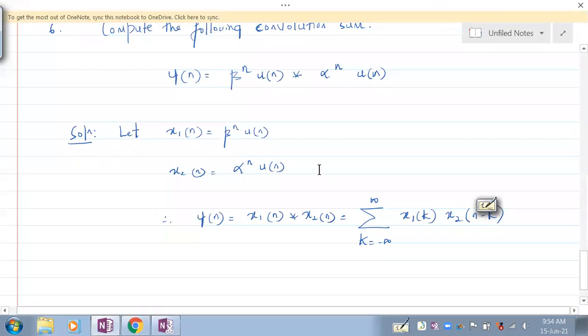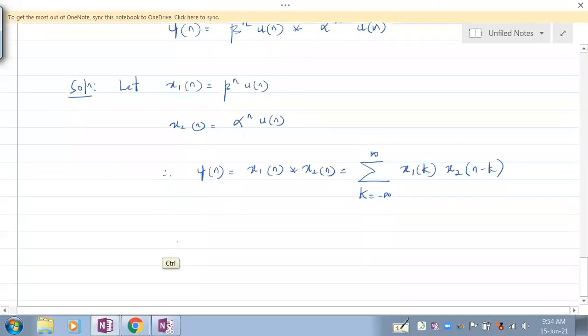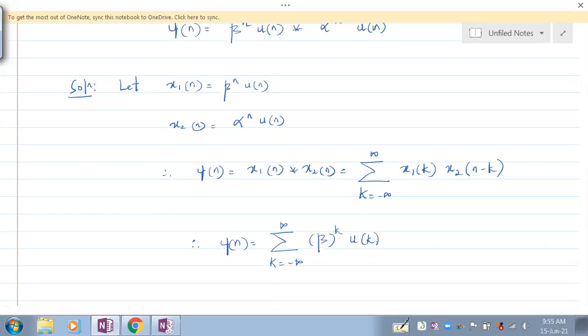Fine. So therefore, y of n would look like summation k ranging from minus infinity to infinity, beta power k into u of k. Everybody understand? So this is beta power k u of k. What is the second signal now? In the second signal, it is x2 of n minus k.